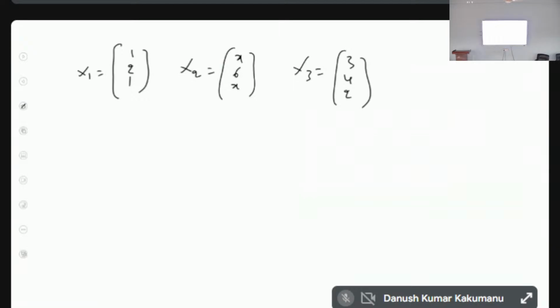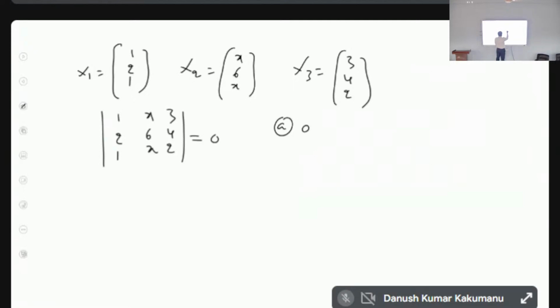What is the condition for linearly dependent? The determinant formed by them is 0. Find out the determinant and equate it to 0. The determinant of 1, 2, 1, 2, x, 6x, 3, 4, 2 equals 0. Find out this x value. Different options are given.